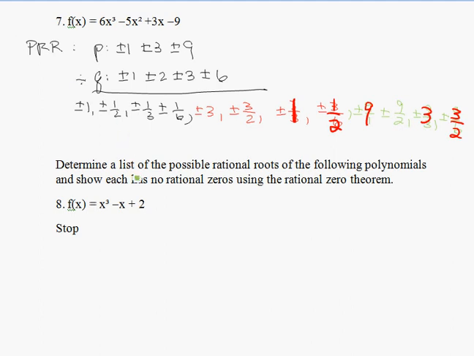So it's customary to rewrite your list with all the unique possible rational roots.